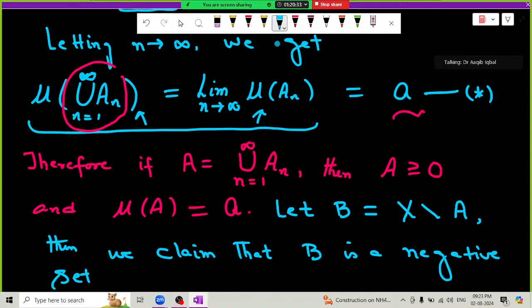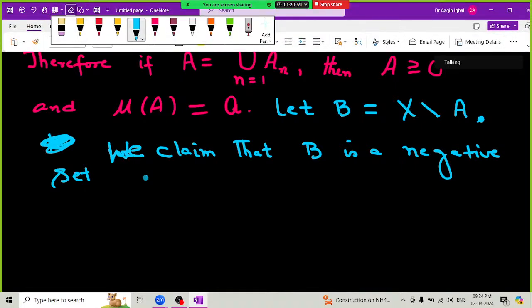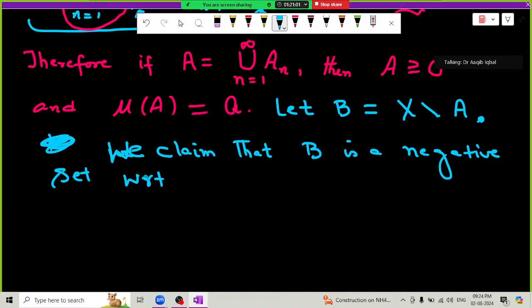This is my claim. यहाँ full stop ही आप करिएगा, let B be equal to X minus A which is actually complement of A, फिर यहाँ आप ये capital लिखेंगे, we claim that B is a negative set with respect to mu.